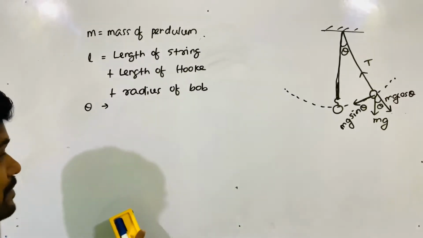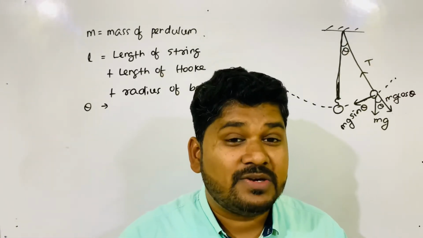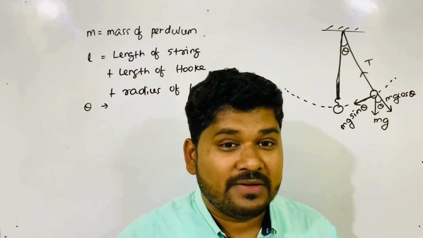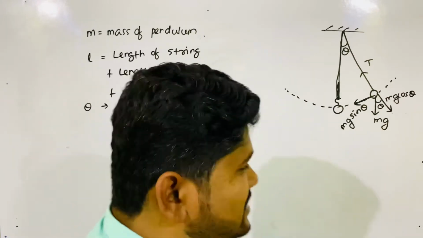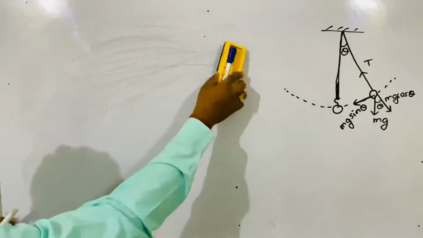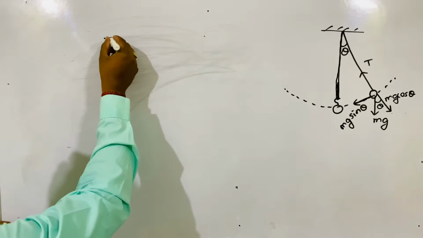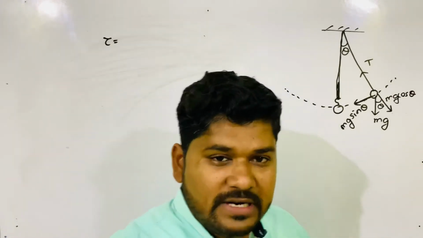But here, not only the restoring force, we have to find out the restoring torque. Why restoring torque? Because it is angular SHM. Now you see, restoring torque tau is equal to force into perpendicular distance.